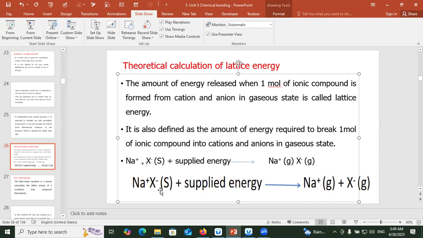Just opposite, when the sodium halide is supplied the energy, it also produces sodium cation and halide anion.